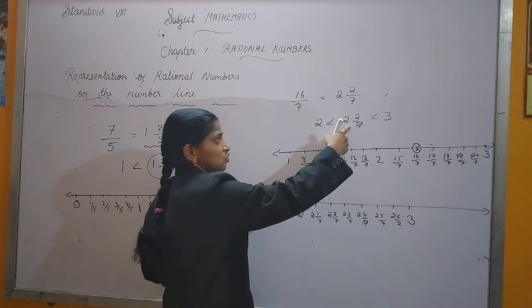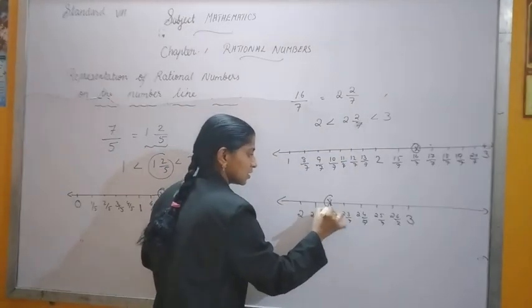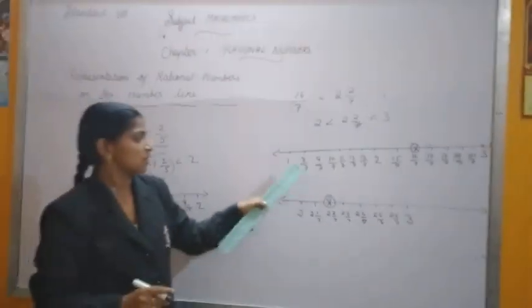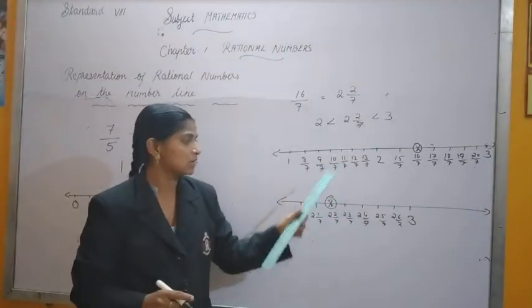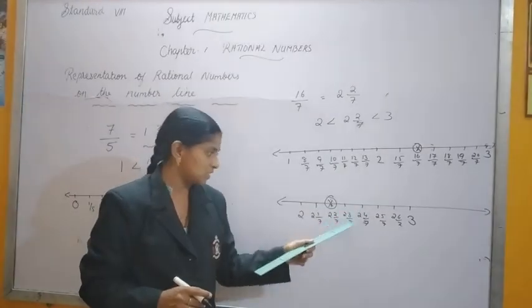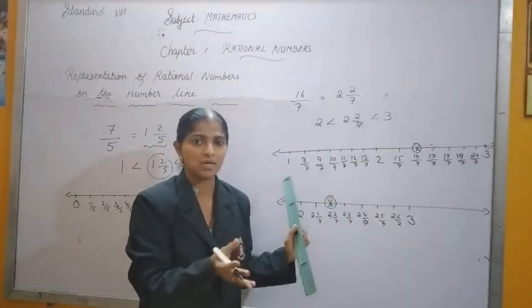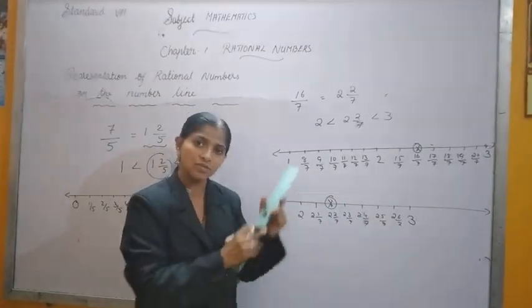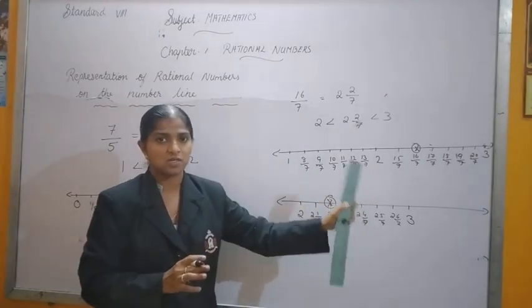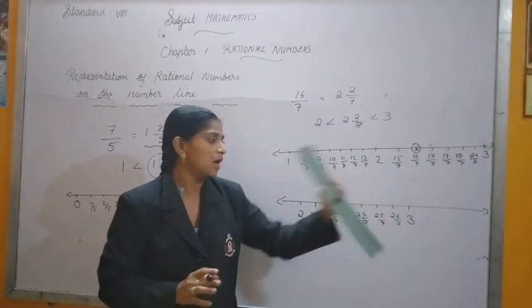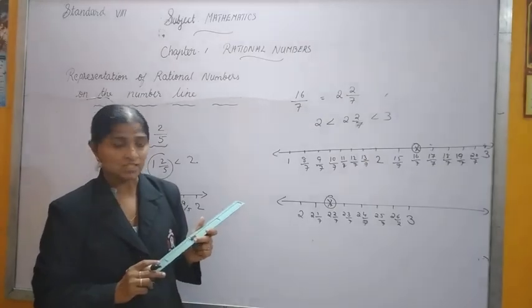Here our number is 2, 2 upon 7. Represent it like this. Both are correct. If it is a big number, do it this way only. First you find between which two integers the given rational number comes. From that integer you can start. Start from the smallest integer and mark the given rational number.